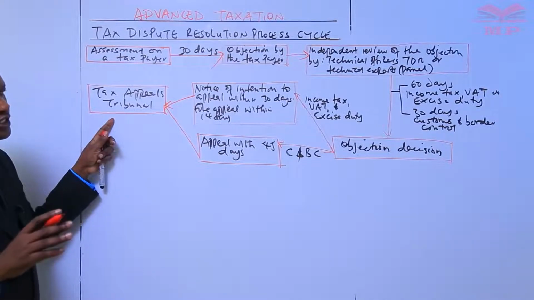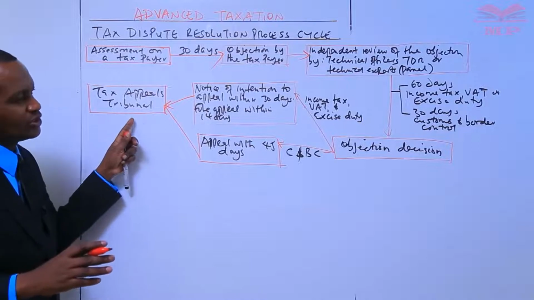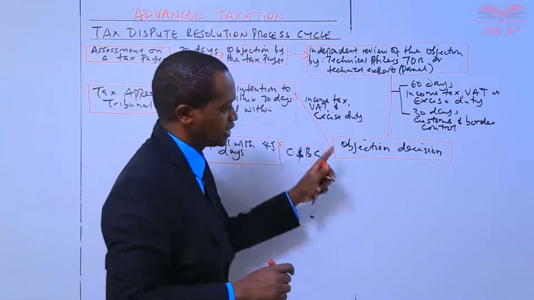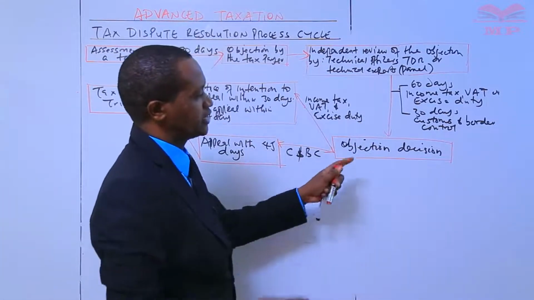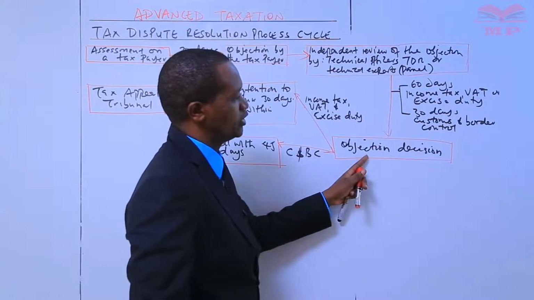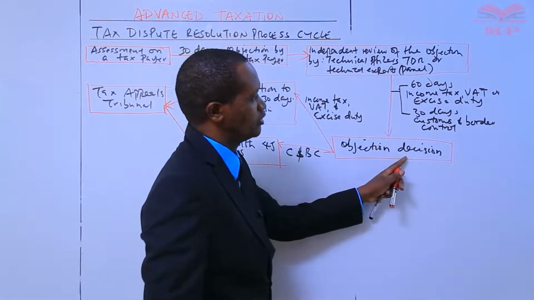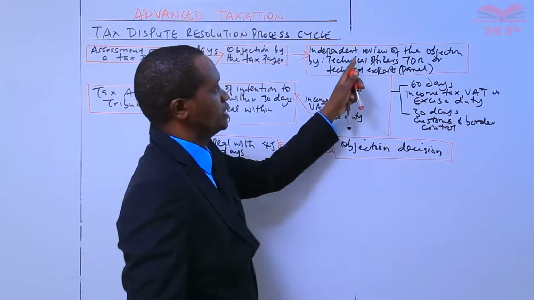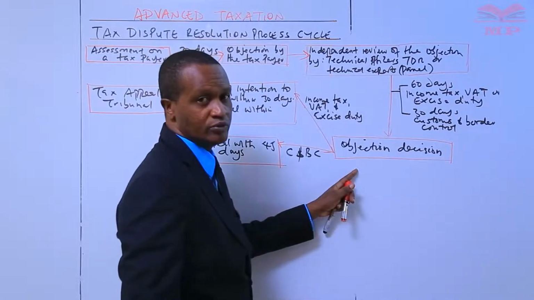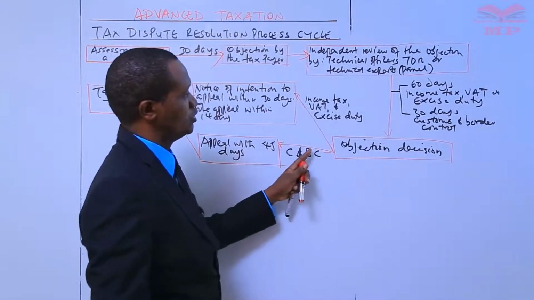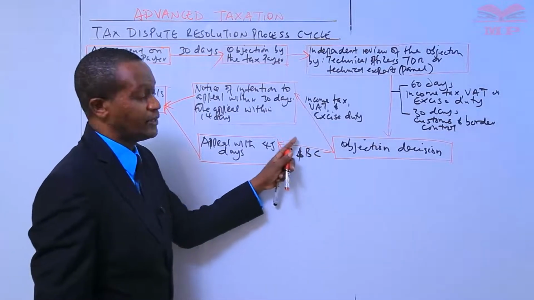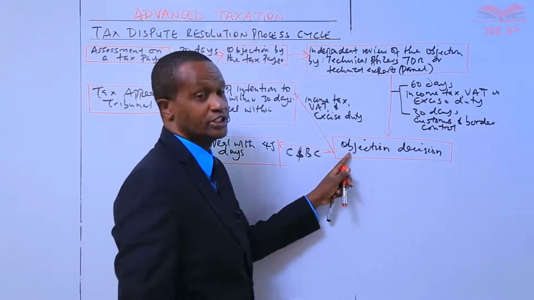So that is the case where the taxpayer is dissatisfied with an objection decision made by the independent review. So he can choose to appeal against the objection decision.